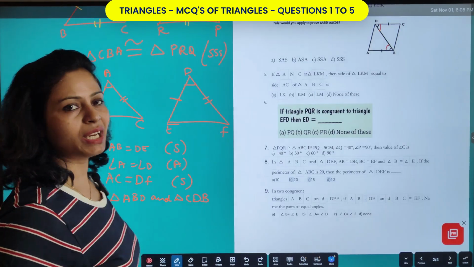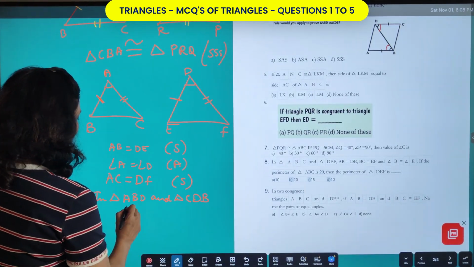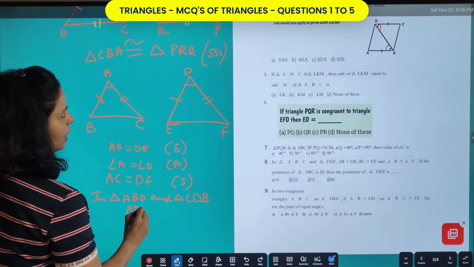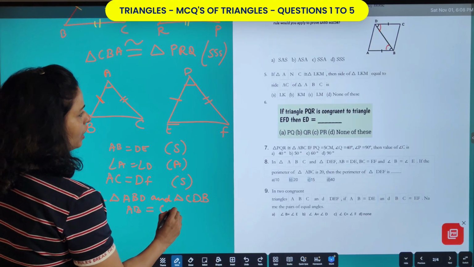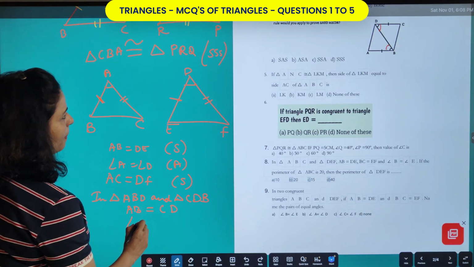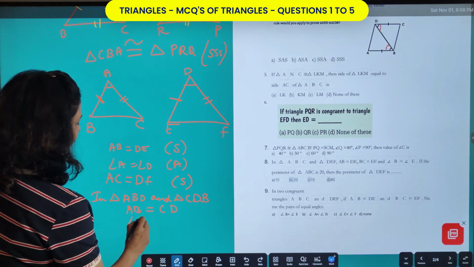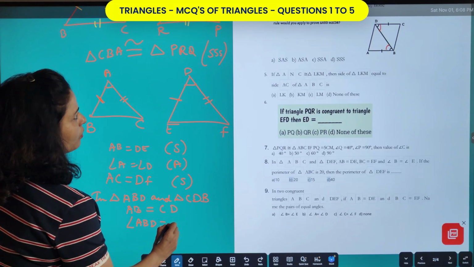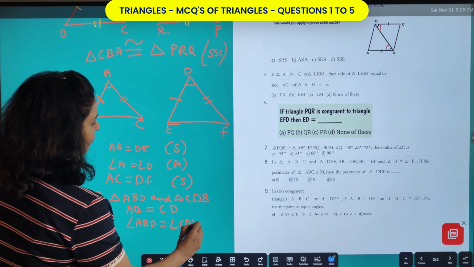First we will write what is given to us. In triangle ABD and triangle CDB, AB equal to CD, and angle ABD is equal to angle CDB.